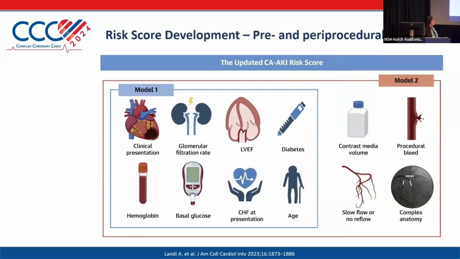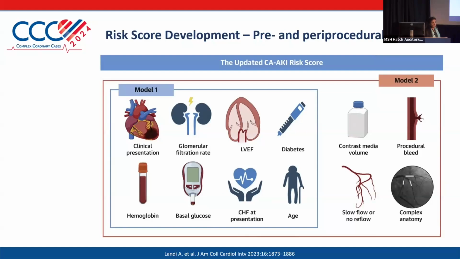updated risk score. It looks at the clinical presentation, the GFR, the left ventricular ejection fraction, diabetes, hemoglobin, basal glucose, congestive heart failure at presentation, and the age. And the second model also tells you, you put in, was there a procedural bleed? Was there slow flow? Was it complex anatomy?